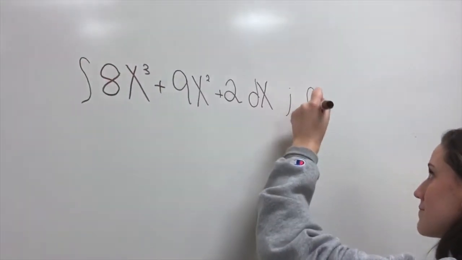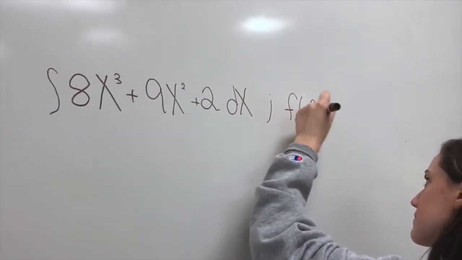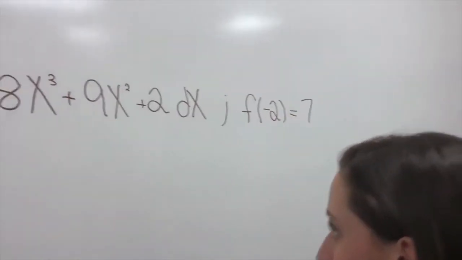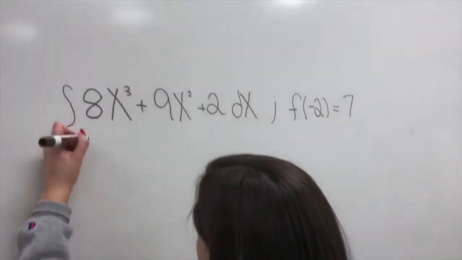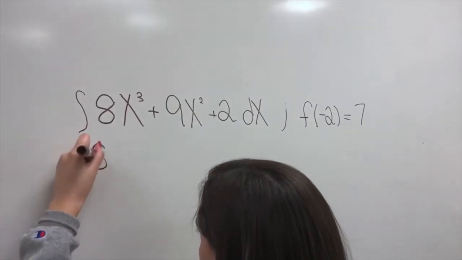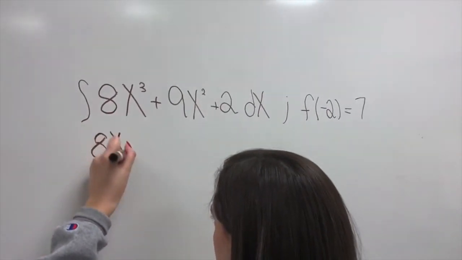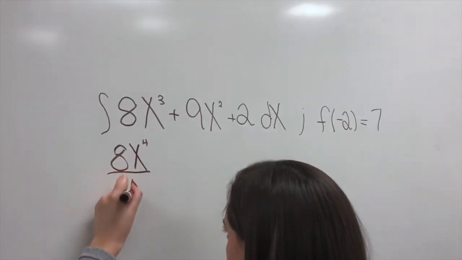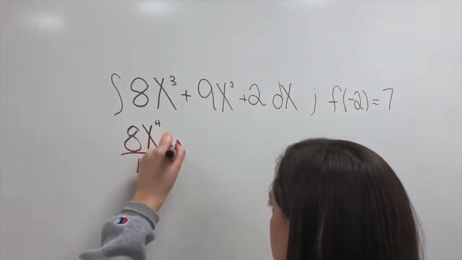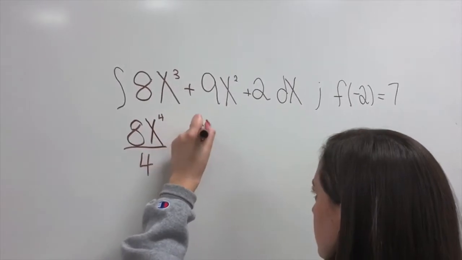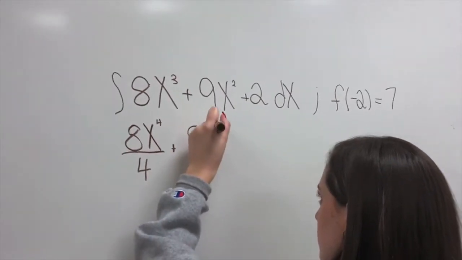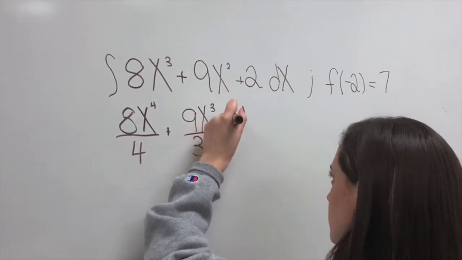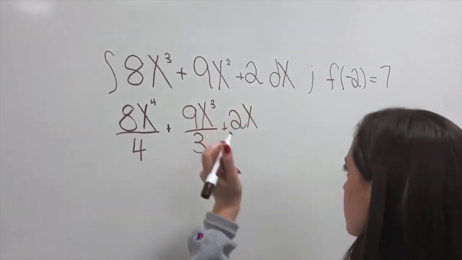So first, we're going to find the antiderivative using the power rule as normal. So for 8x cubed, we increase the power by 1, divide by the new power. So 8x to the 4th power over 4. And then 9x cubed over 3 plus 2x plus c.